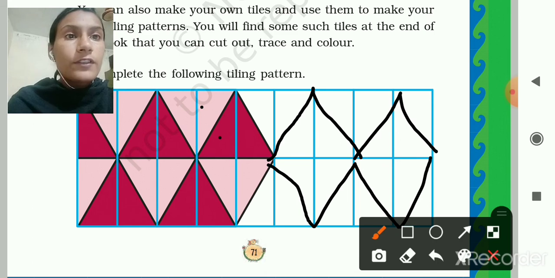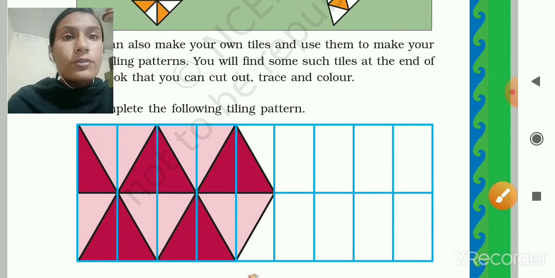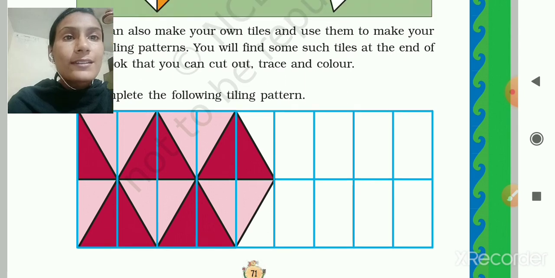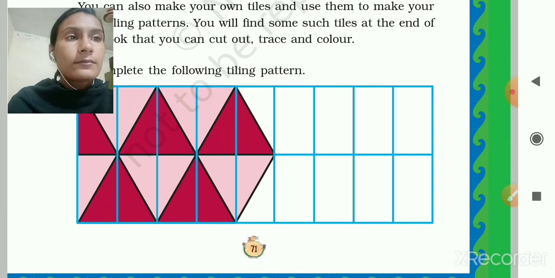Which color will come here? Here light pink, here dark, here light, here dark, here light pink, here dark pink. This one you have to do in your textbook. This is your homework, and you can use only crayon colors for these tiling patterns.